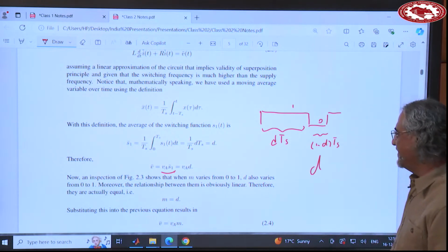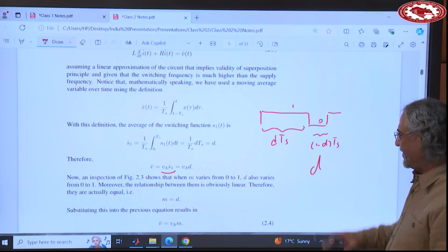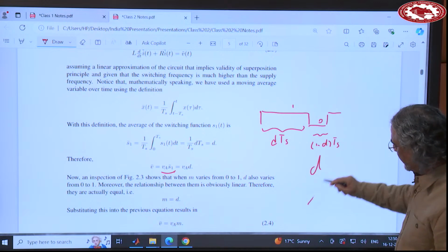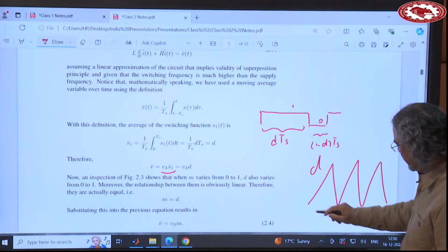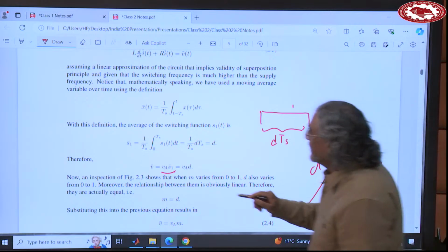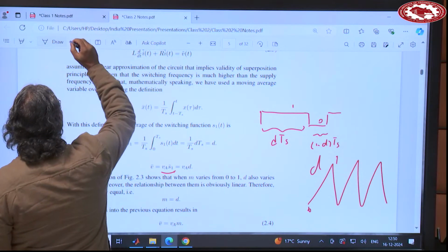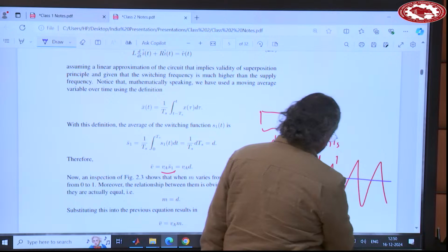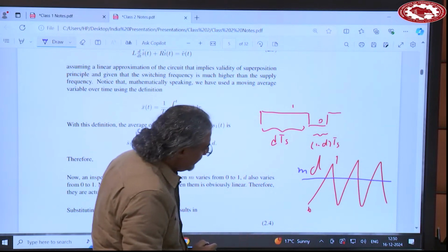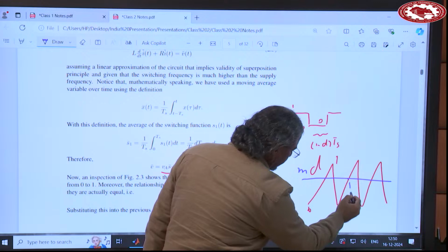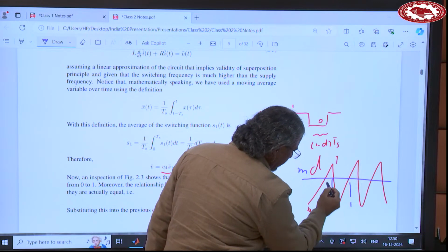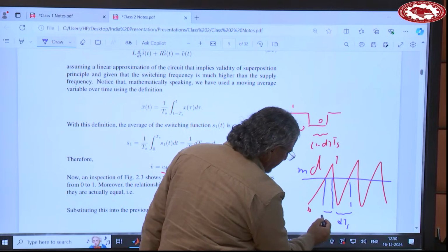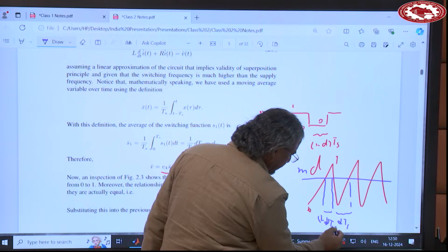Now, another interesting thing is that if you look at the PWM that we discussed, let's say from 0 to 1, and then your modulation signal, let's say here, M. And we said this is D, this is DTs, and this is 1 minus D Ts.